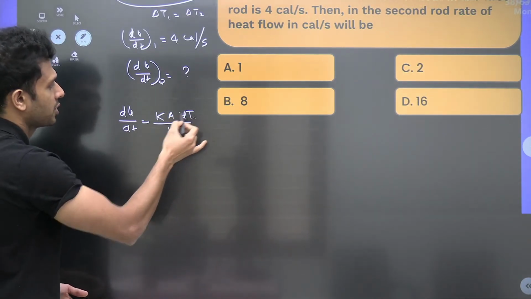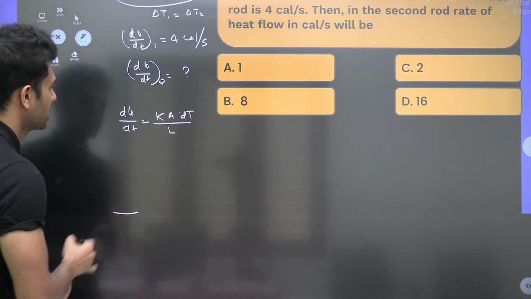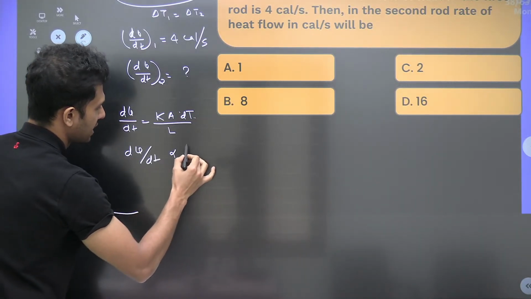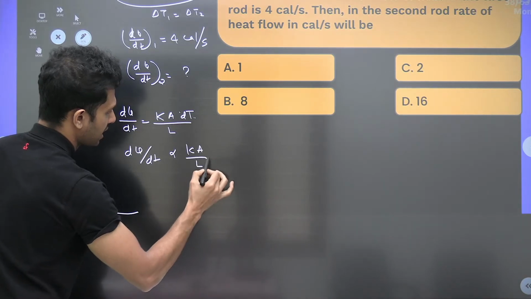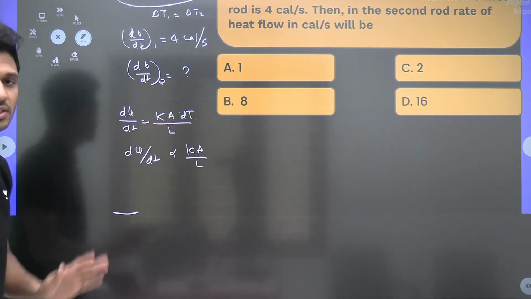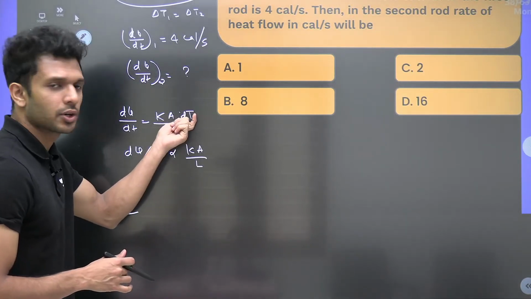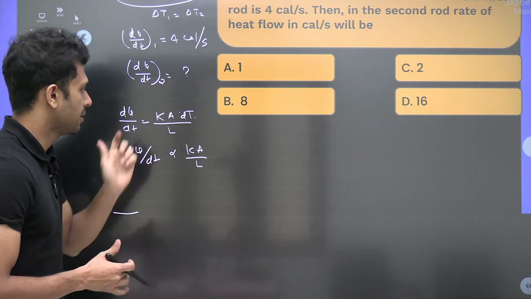As both have the same temperature difference, dQ by dt is directly proportional to KA divided by L, because the temperature difference is constant for both.